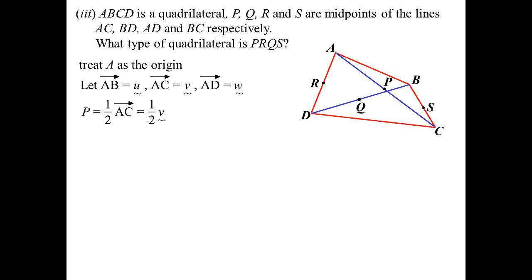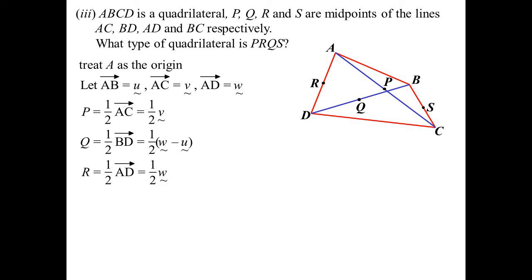Remember, it was the midpoint. So vector-wise, AP will be half of V. I can do a similar thing for Q. BD we didn't name anywhere, but we know it's going to be head minus tail, so Q is half of BD, which will be half of W minus U.